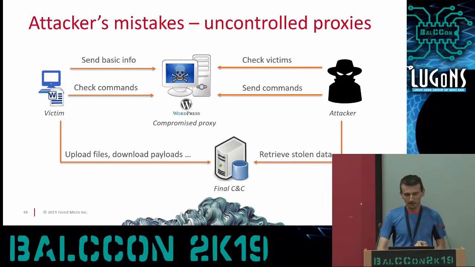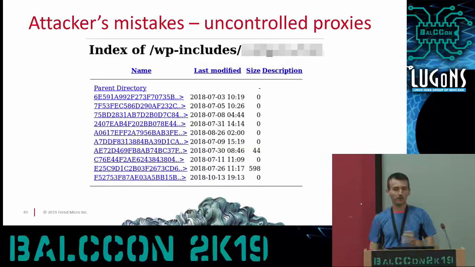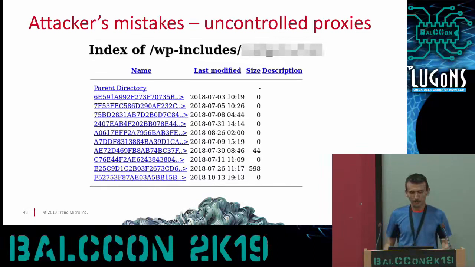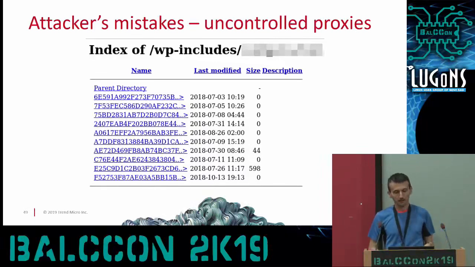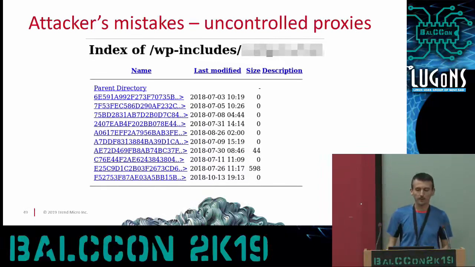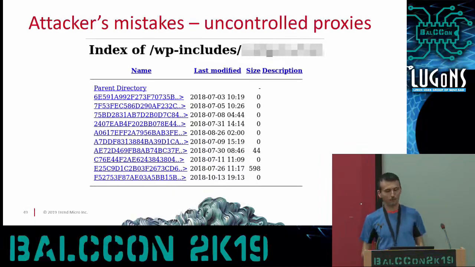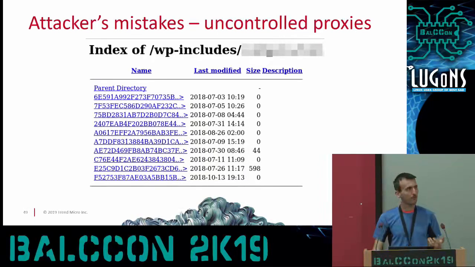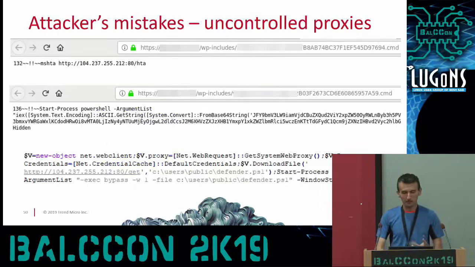So sometimes we found something like this: there was a proxy, and there were several files. Some of them had length 0, but some had some content, and they were not cleaned, not deleted. After we looked into these files, these were the hashes we could find. You can see in the upper screenshot that there is a command with some IP address, port, /HTA.